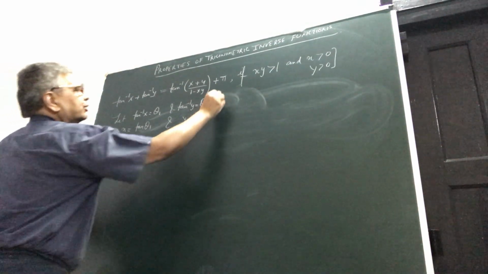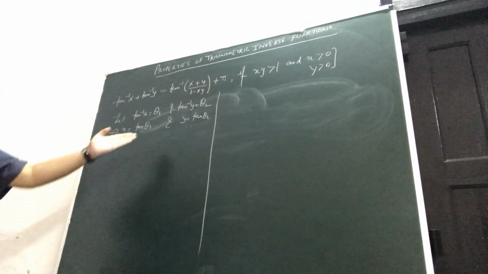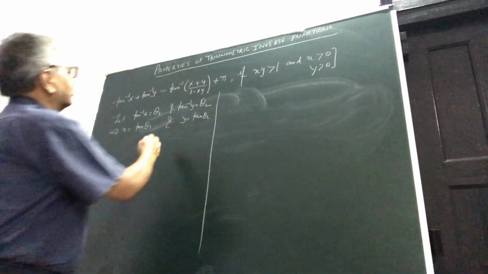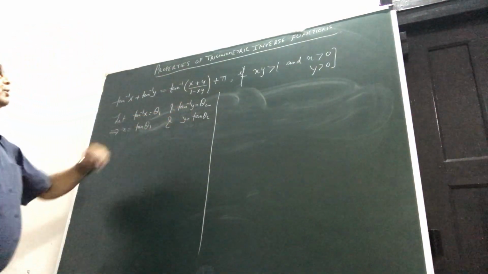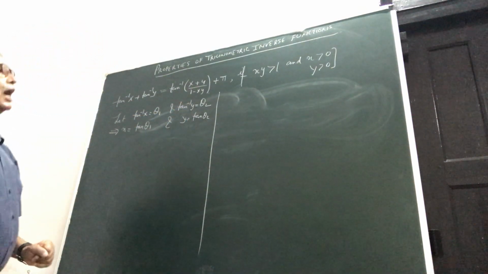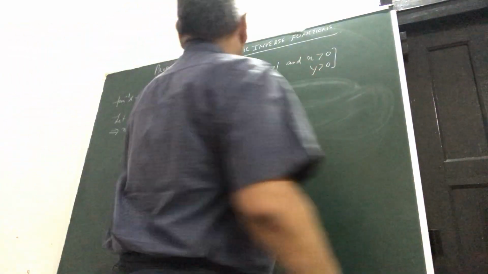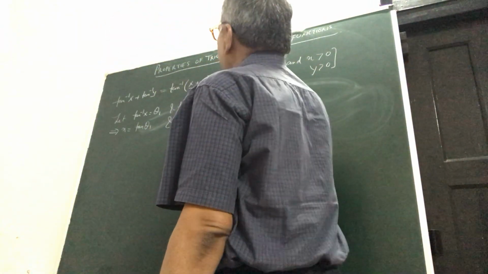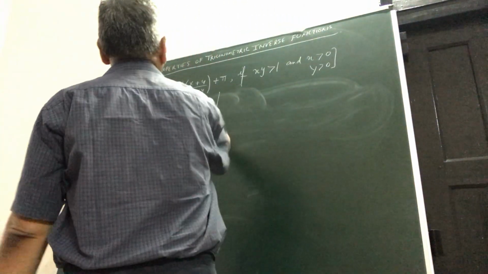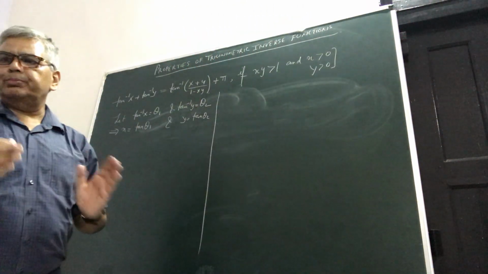Now let us work it out here: where do theta 1 and theta 2 belong to? Here x is greater than 0. Then obviously you know that they will be belonging to the interval 0 to pi by 2.